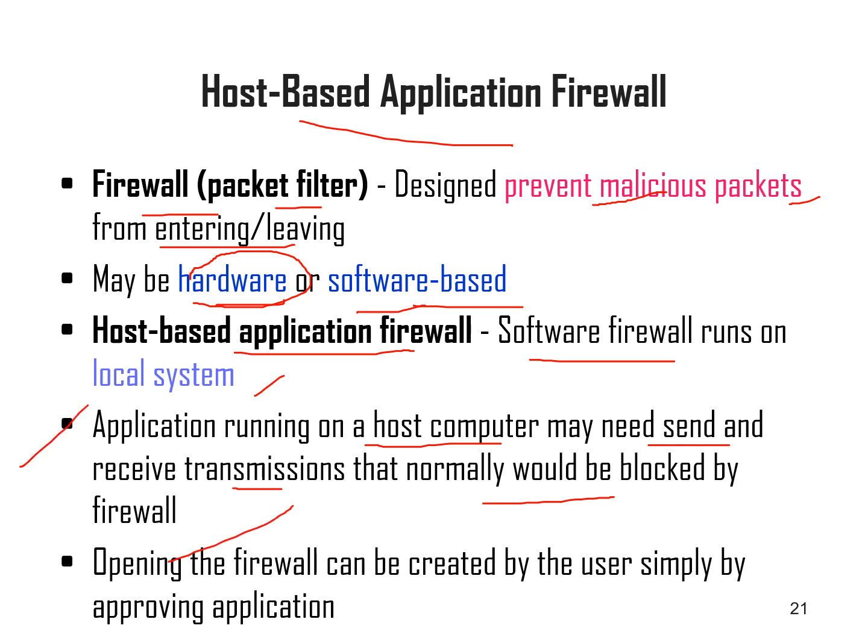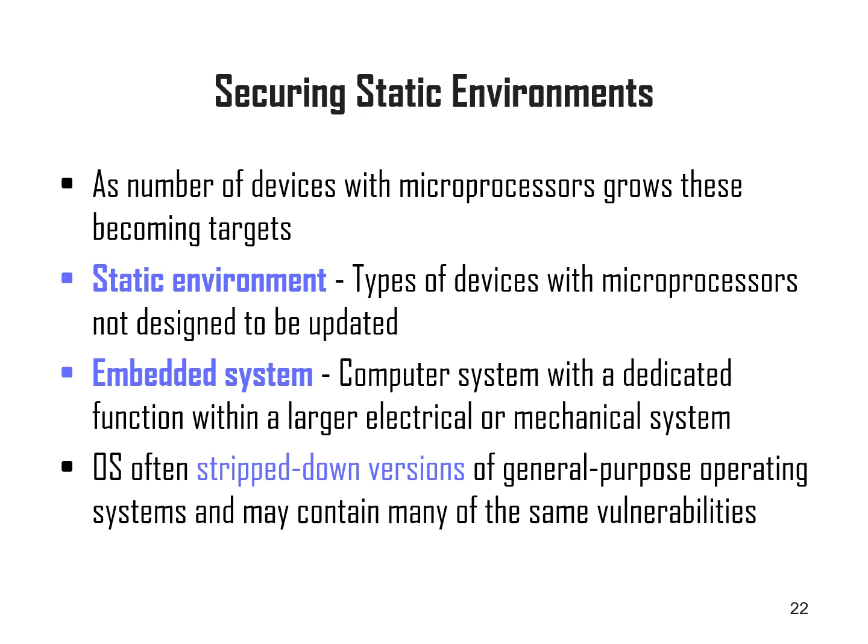If it is an anonymous packet transmitting over the network, then it has to be stopped. That is the important behavior of the firewall, used to block malicious packets. Opening the firewall can be done by the user simply by approving the applications. These are the usual configurations in the firewall.